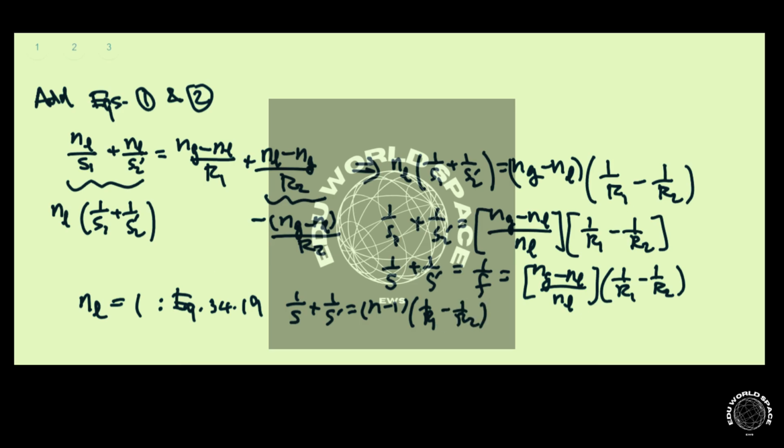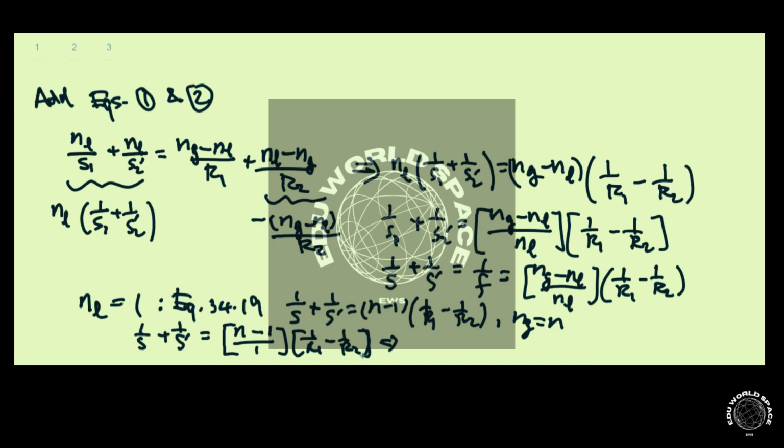And indeed, if you set NL equal to 1, and then you call NG N, then this equation becomes 1 over S plus 1 over S prime is equal to NG is N, and NL is 1, so N minus 1 times 1 over R1 minus 1 over R2.